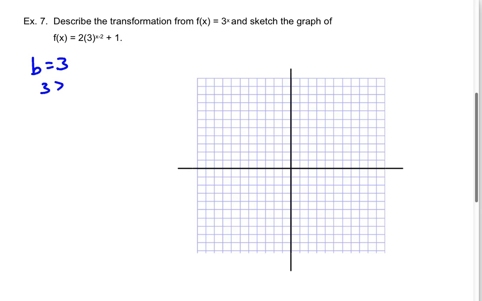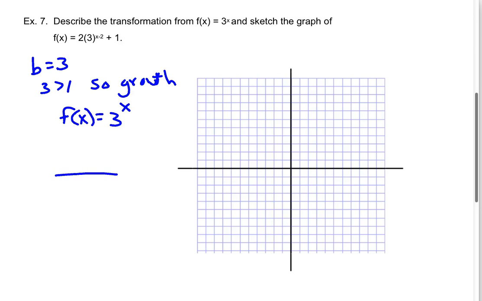Okay, 3 is greater than 1, so growth. And what we're going to do is just graph the parent function. The parent function I'm going to use is f of x equals 3 to the x. And then the rest of the stuff I'm just going to move left, right, up, down, vertically stretch, whatever, like we've done in the past.